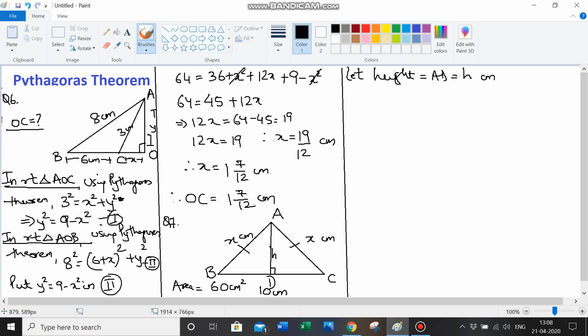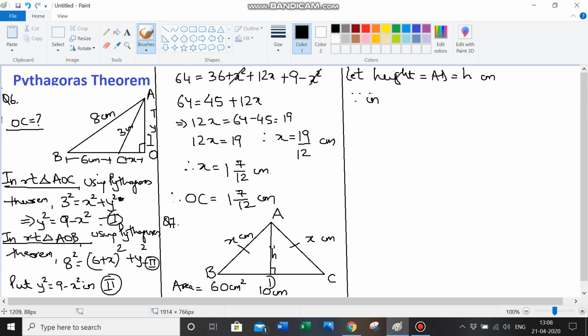We have constructed height. Now since this is an isosceles triangle, we know a property of an isosceles triangle, which means in an isosceles triangle the altitude, which is height, is also equal to the median. Altitude is equal to median.